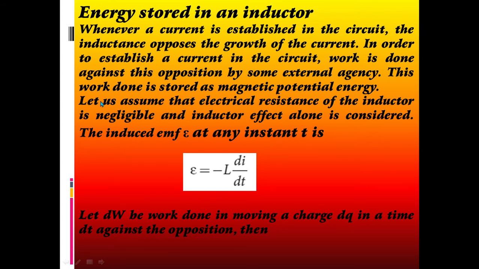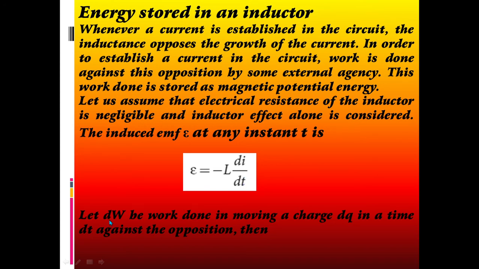Let us assume that the electrical resistance of the inductor is negligible and the inductor effect alone is considered. So the inductance induced EMF epsilon at any instant t is, what is the formula? Epsilon is equal to minus L into di by dt.